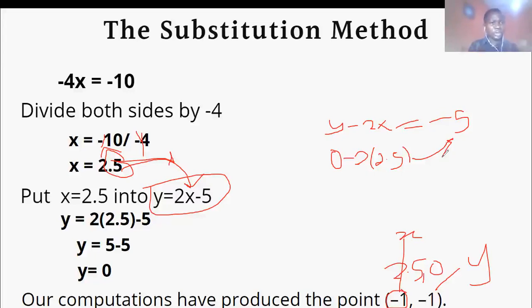We can move on. So let us look at the second method, which is the elimination method. I think that elimination method to me is wow. But you can pick any method of your choice and make a decision on that.